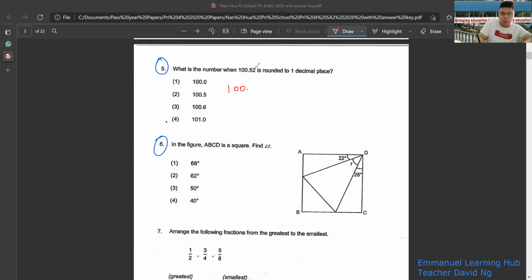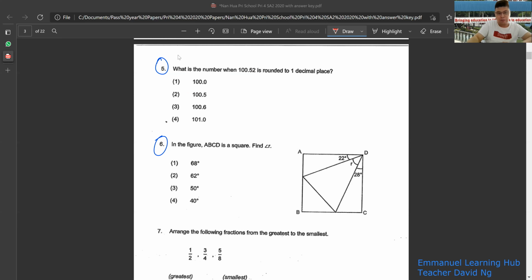You should look at 2 because 1 decimal place. So 2 you round down, right? You round down is 100.50. 100.50 is 100.5. That's why part 2 is the answer.